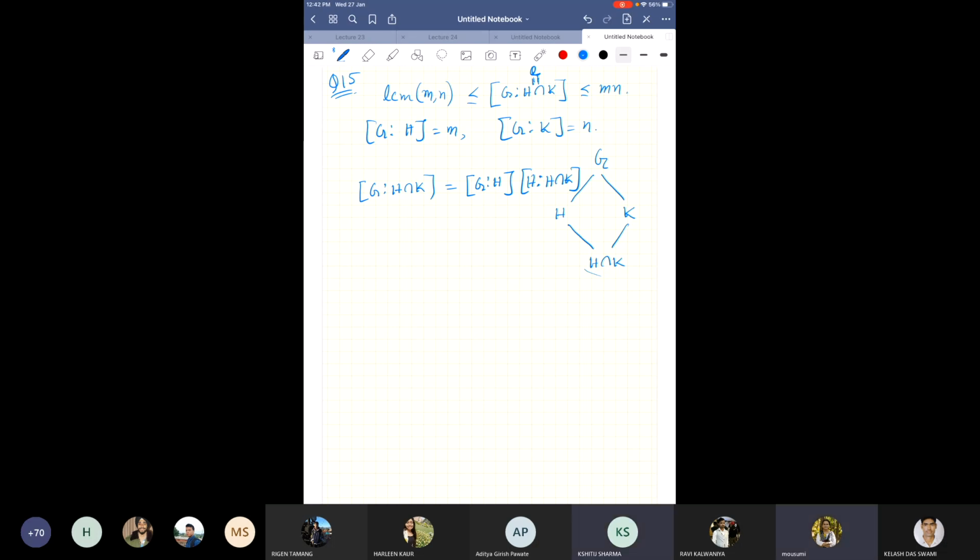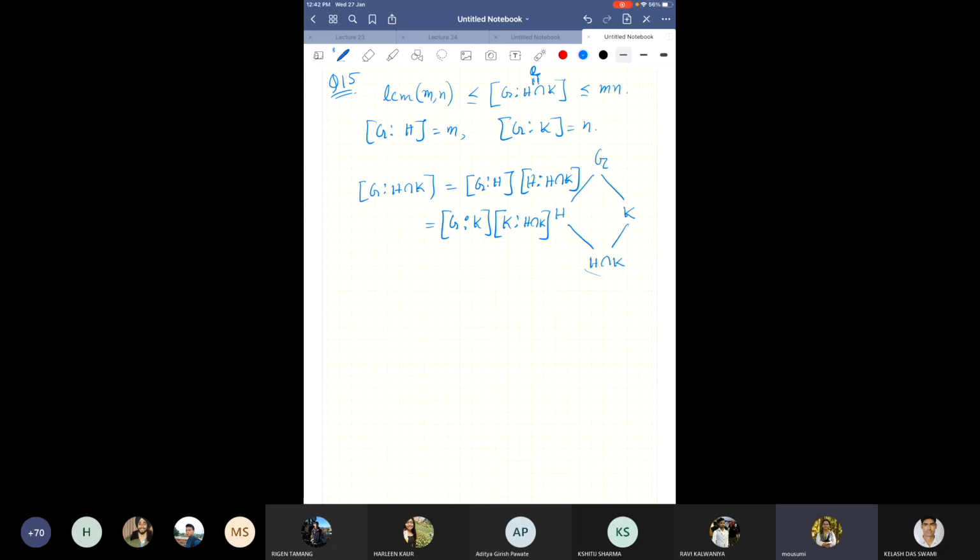And this is also the same as, if I use this other chain of subgroups, G colon K times K colon H intersection K. This is the same thing, right?